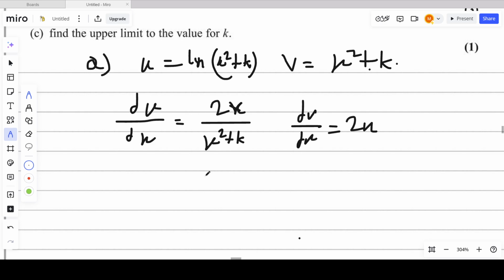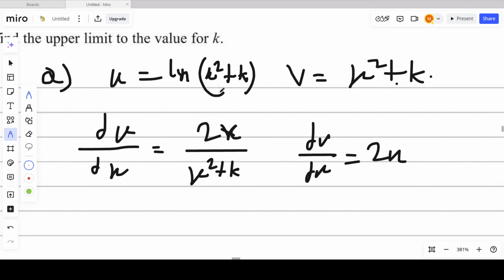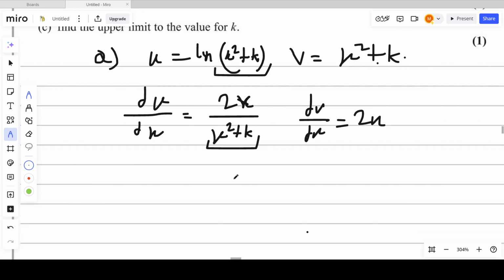We differentiated u by using the chain rule. ln of something is 1 over something, so 1 over x squared plus k, and then we differentiated the part within the bracket, which is twice of x, and multiplied. So we got twice of x over x squared plus k.